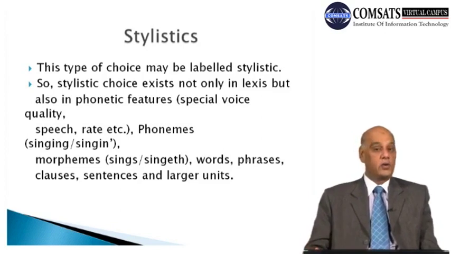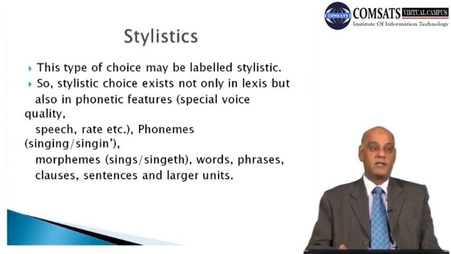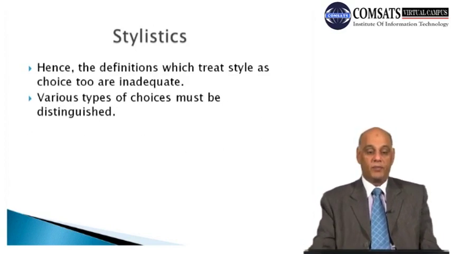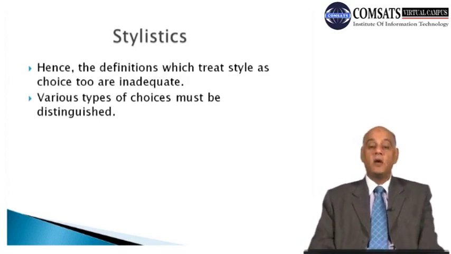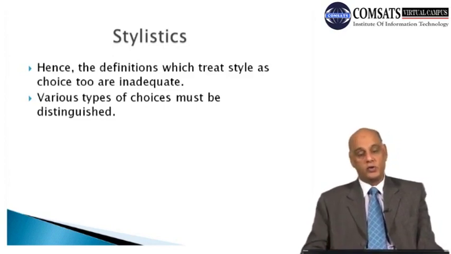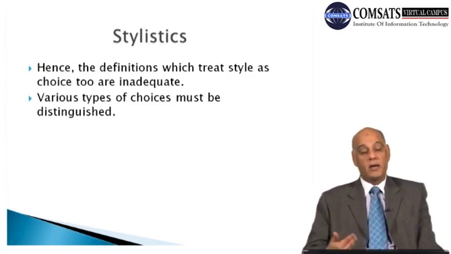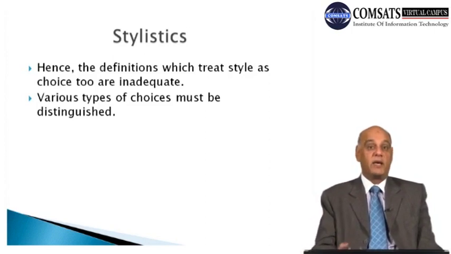In all these you can make stylistic choices. You can use different words meaning the same just to create style. So hence the definitions which treat style as a choice or indicate various types of choices must be distinguished. In order to define it clearly, we must differentiate between the various kinds of choices, because it's not just a matter of making a choice.